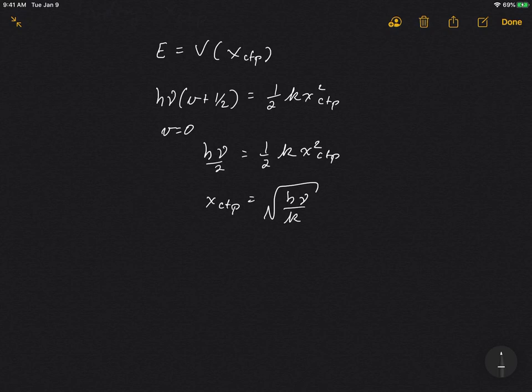And there are probably some additional simplifications one can use, because nu is 1 over 2 pi times the square root of k over the reduced mass mu. So there are different forms of this depending on exactly how you intend to simplify.